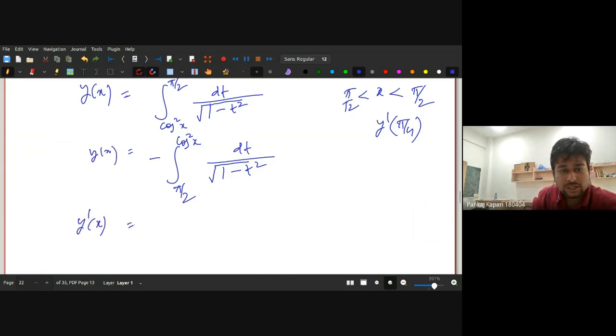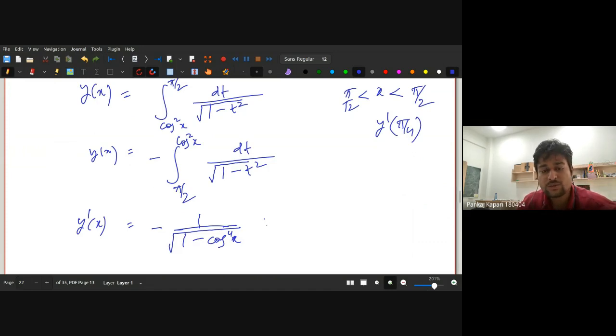So what is the derivative with respect to x? Apply the chain rule. First you have to differentiate this integral with respect to cos square x, and then you will just get 1 over 1 minus cos to the power 4x. Now you can differentiate cos square x according to the chain rule.